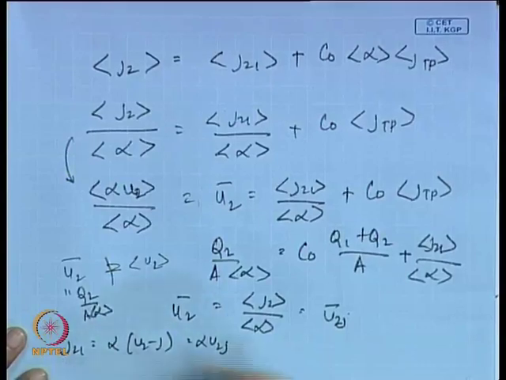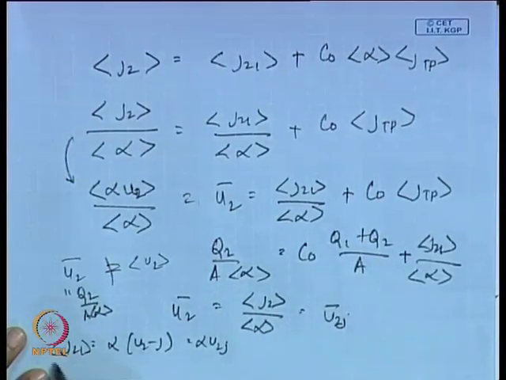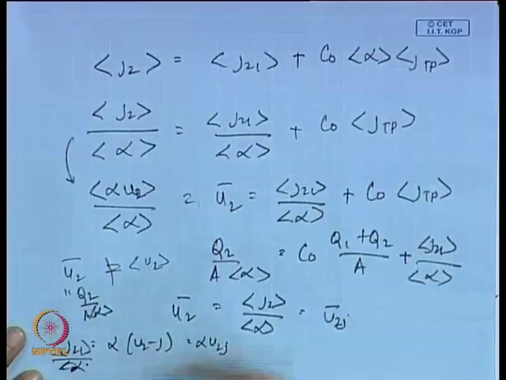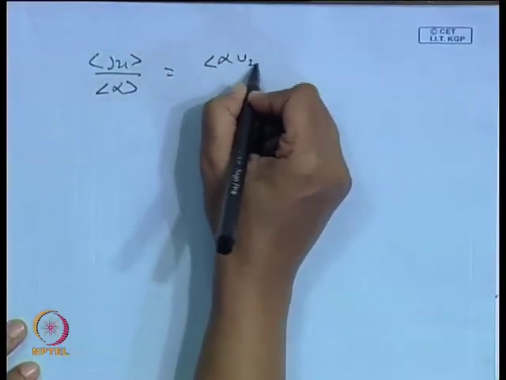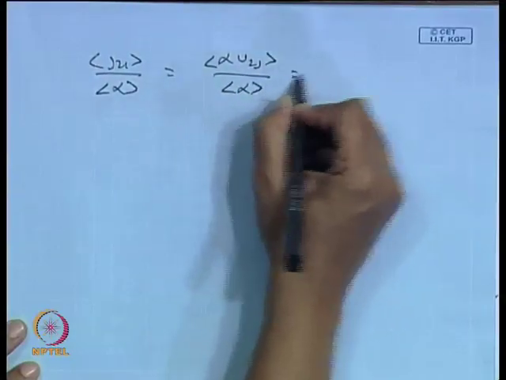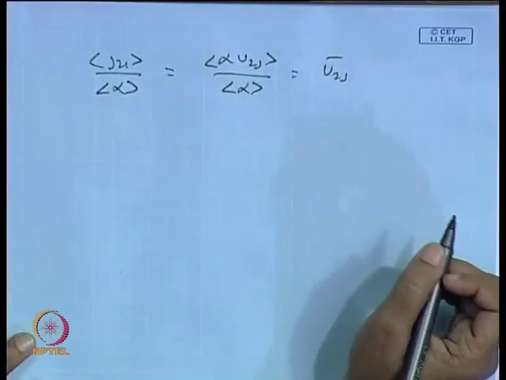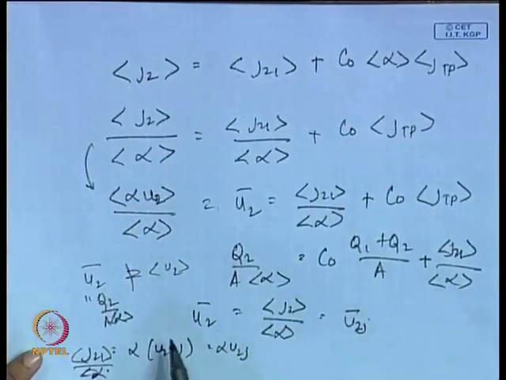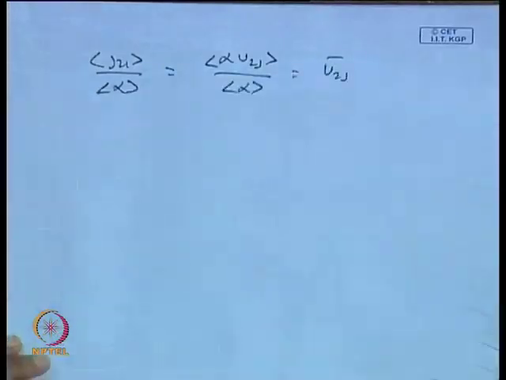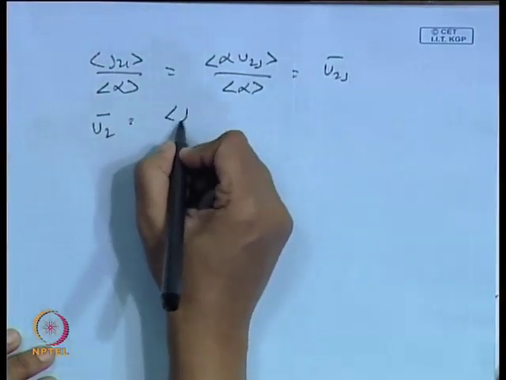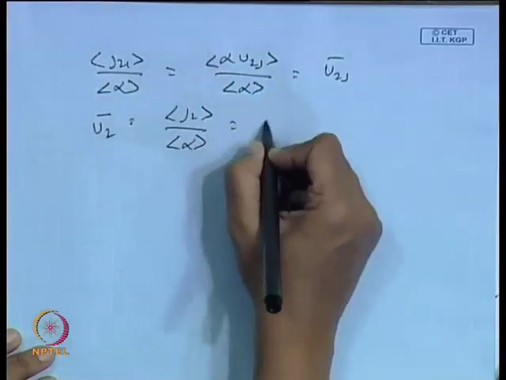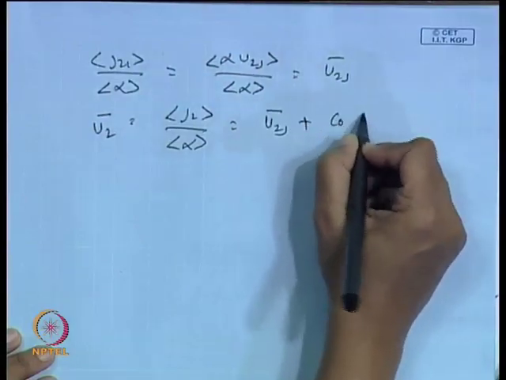So, if we write down J21 by alpha, this is nothing but alpha u2j by alpha, which is nothing but u2j bar. So, the previous equation we can also write down as u2 bar is nothing but u2j bar plus C0j.